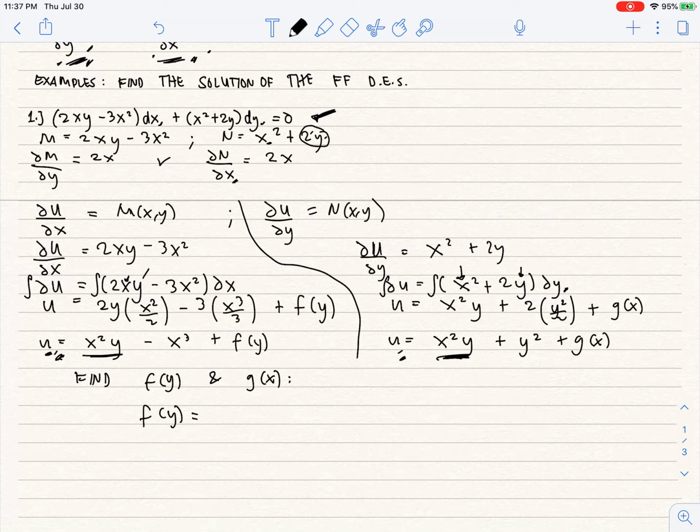So kumbaga ma-cancel out na siya. Then ang nabilin na dili nila pareha, mao na ang value sa f of y. So therefore, ang kaning nabilin diri mao na ni ang value sa f of y, which is y squared. Then remember, dapat na y lang ang iyahang na-involve na variable, wala sagol na x.